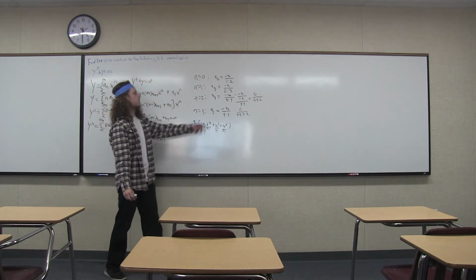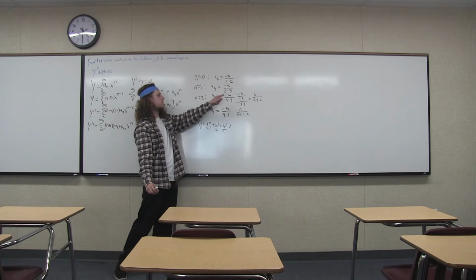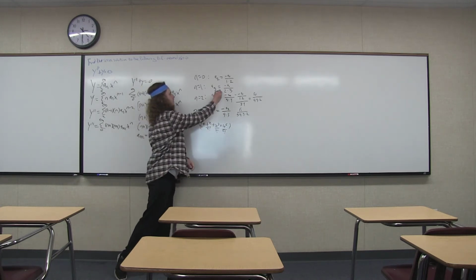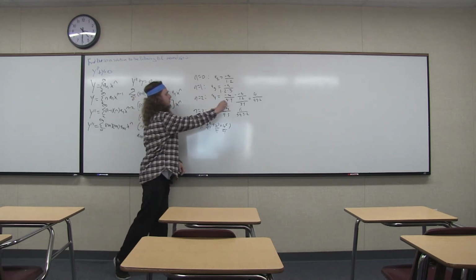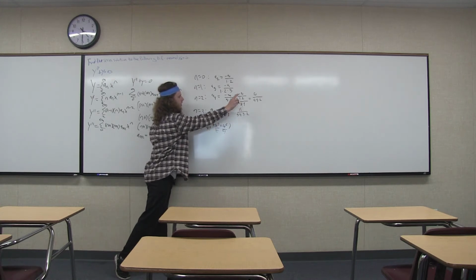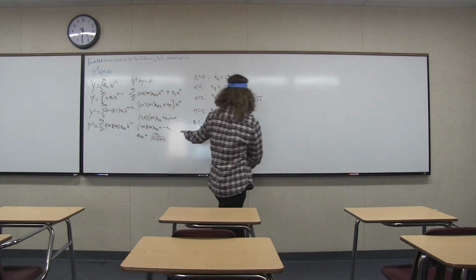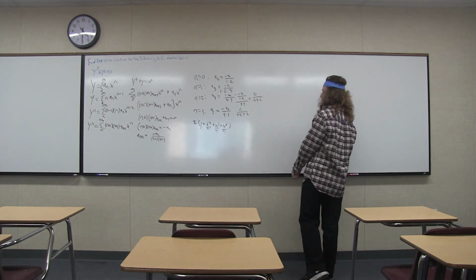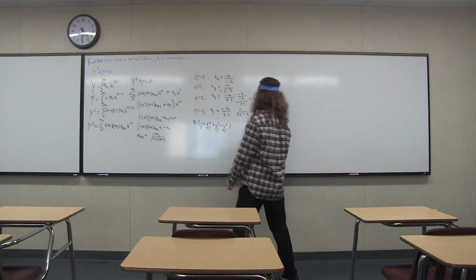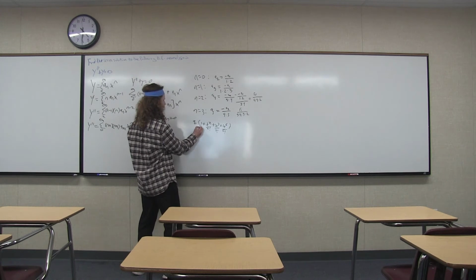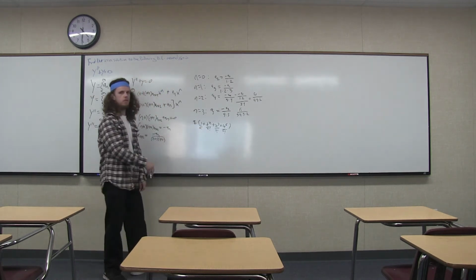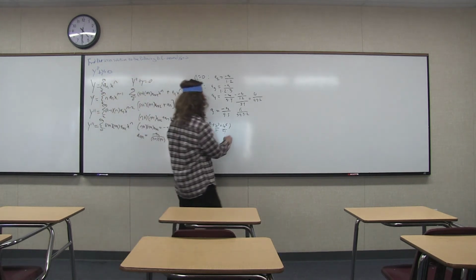And you'll see the pattern here is 1 times 2 is 2 factorial, 3 times 2 times 1 is 3 factorial, 4 times 3 times 2 is 4 factorial. And it continues on that. This is in fact 0 factorial, which in fact equals 1 factorial, but not quite the same thing.